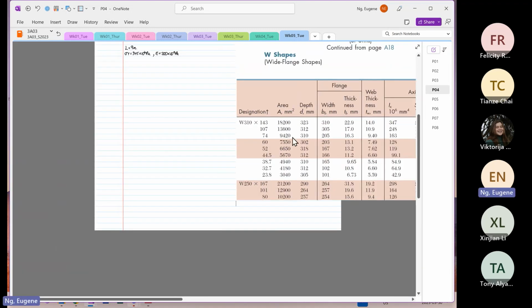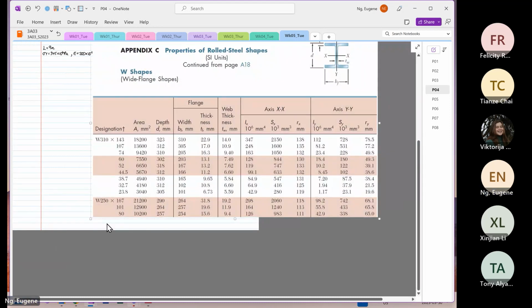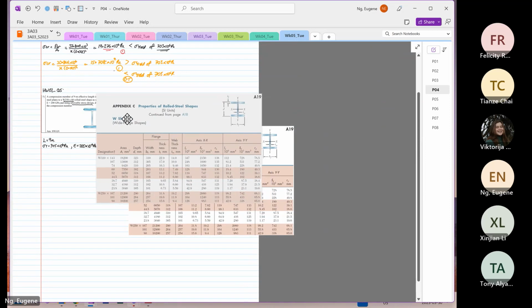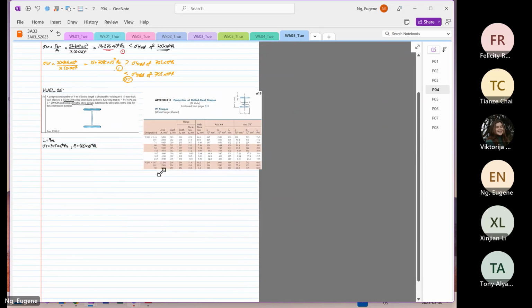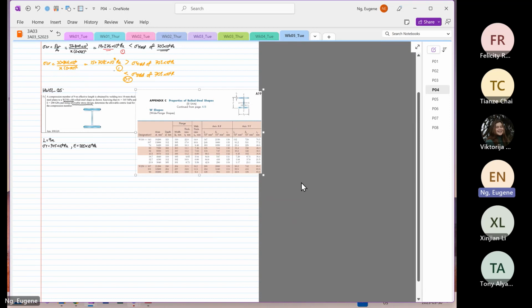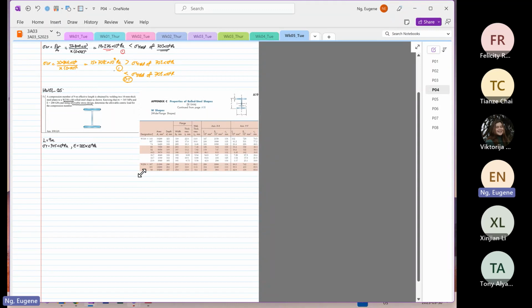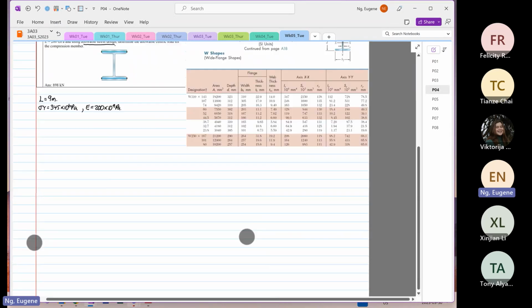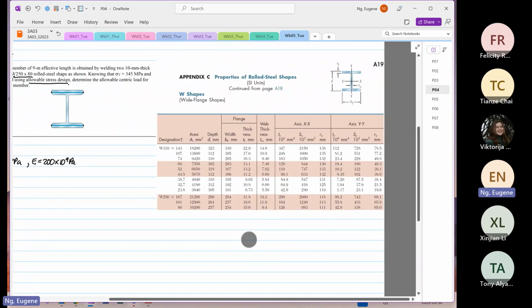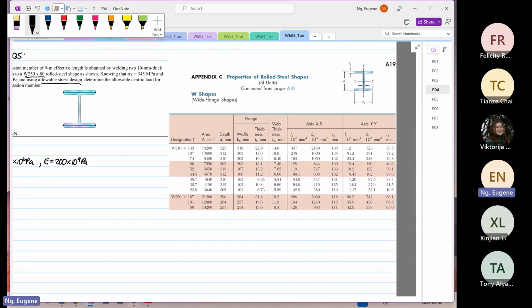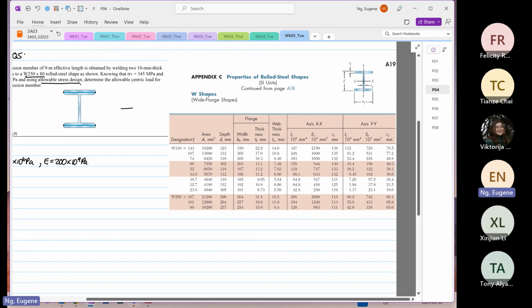Okay, so this is the table. The best thing to do if you get a table like this is you follow the transformation as in the figure, that this is your x and this is your y.